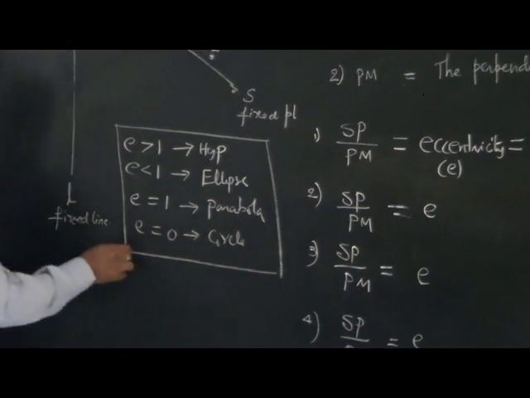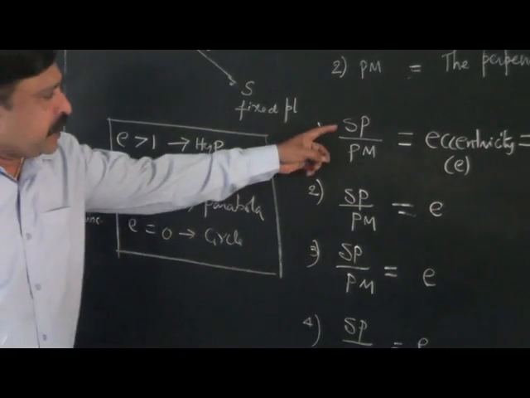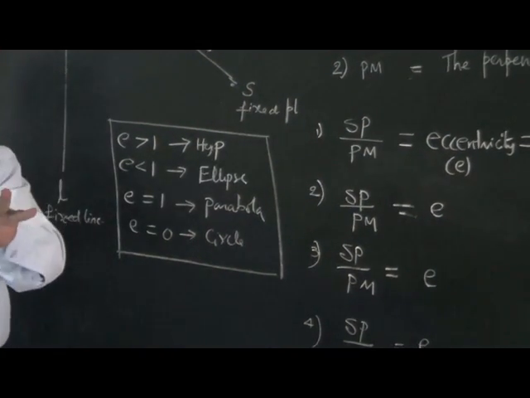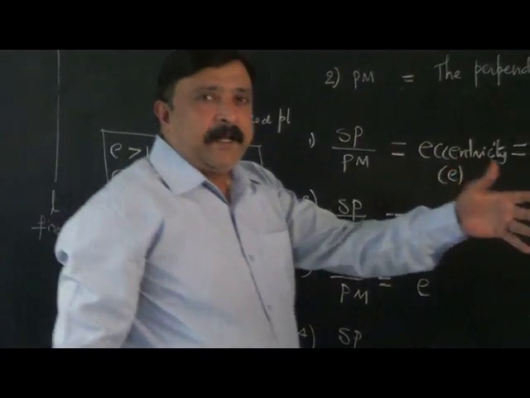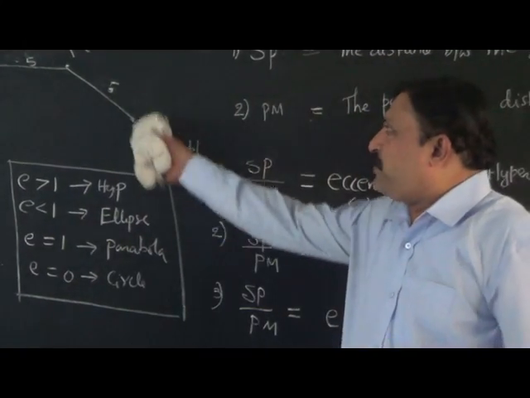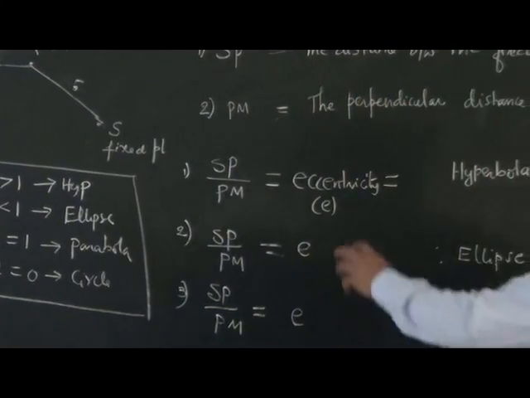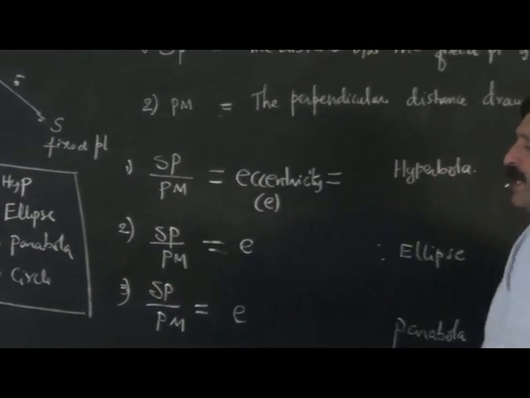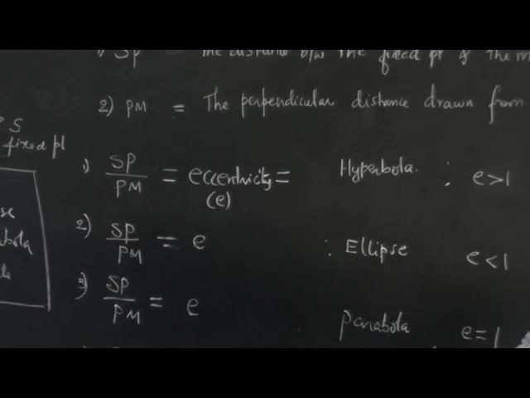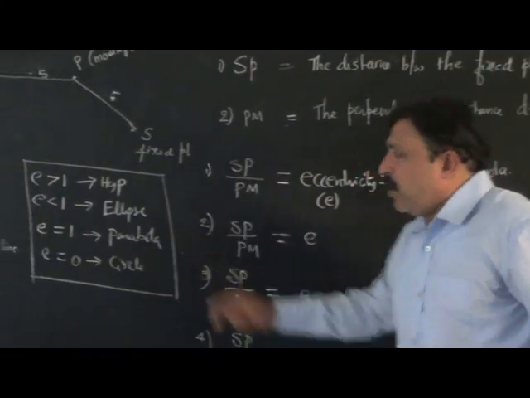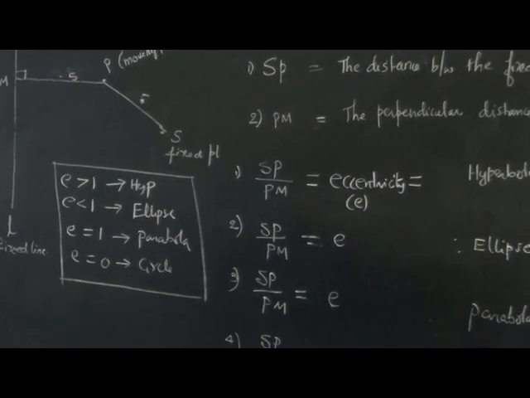E is a constant. The value of the ratio that you get when you divide the length of SP by PM, whatever numerical value you get, is called the eccentricity. And these are the 4 eccentricities of 4 different conics.